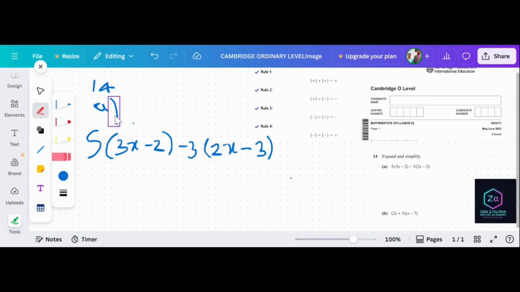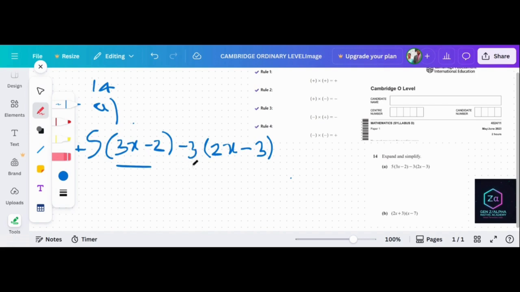So first, remember how to multiply. We have number 5 outside the first bracket, a number without a sign. We always consider a number without a sign as a positive number, right? It's a rule of thumb.